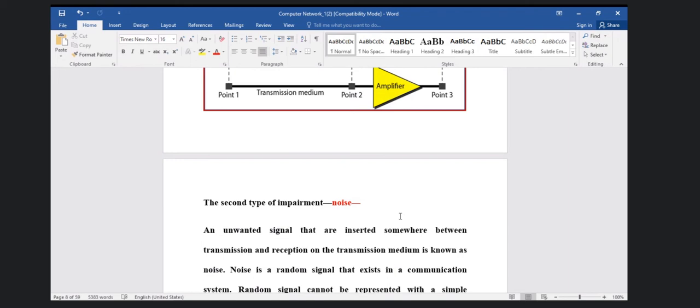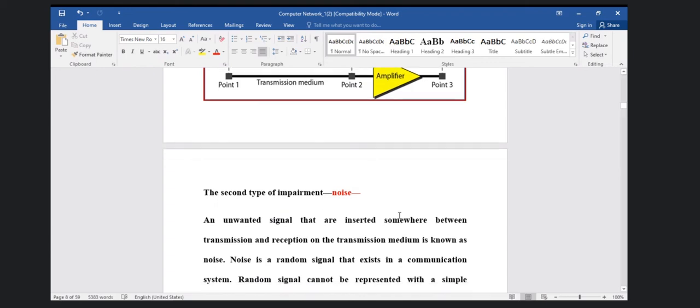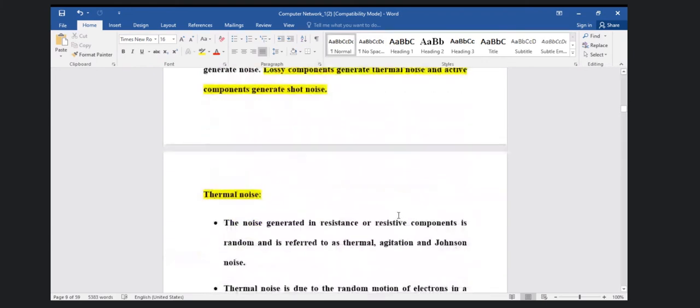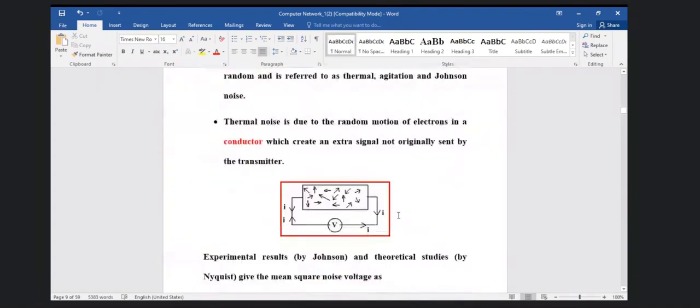Thermal noise, we already know, is the thermal agitation of electrons in a conductor. And shot noise generally occurs in active electronic components that are used to transmit the signal through a channel.